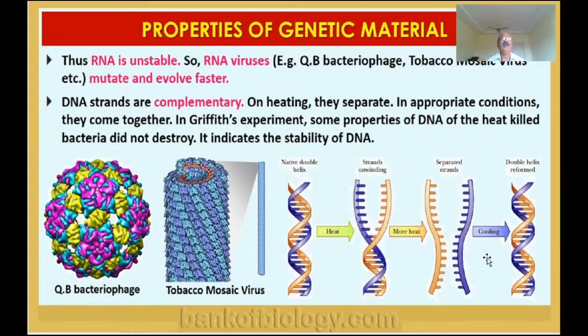DNA strands are complementary. On heating, they separate; in appropriate conditions, they come together. In Griffith's experiment, some properties of DNA of the heat-killed bacteria were not destroyed. It indicates the stability of DNA. So in RNA, mutations arise frequently.